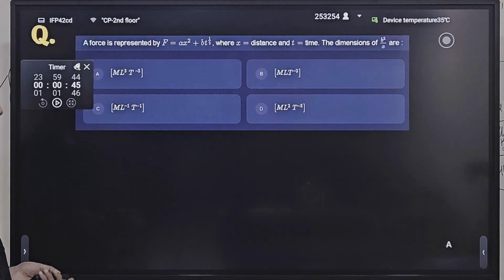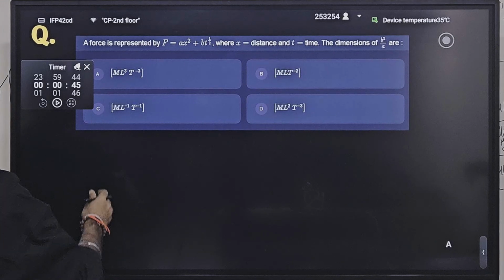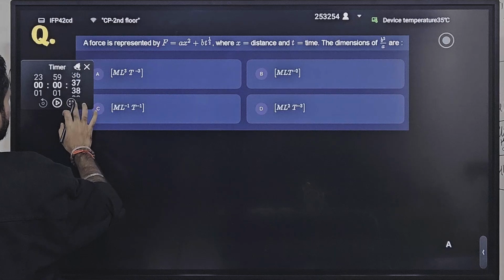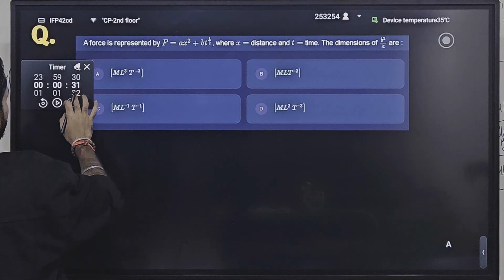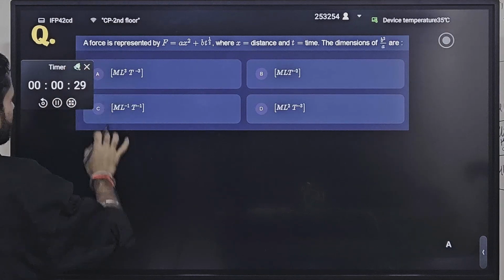There is a solution. Again, a good question on analysis. 30 seconds are sufficient, I guess. Solve this question.